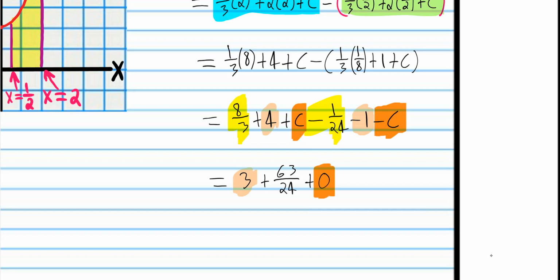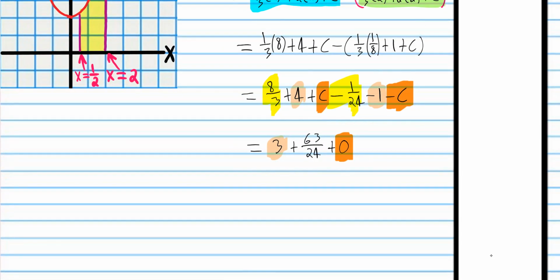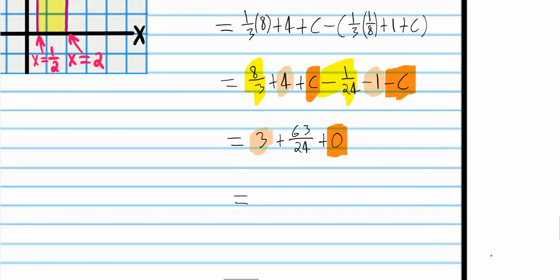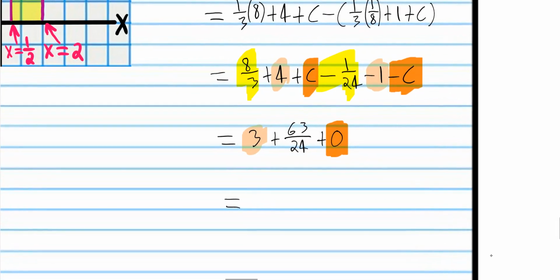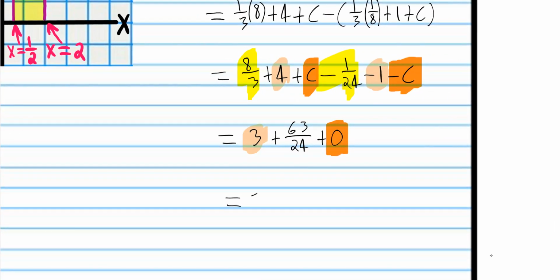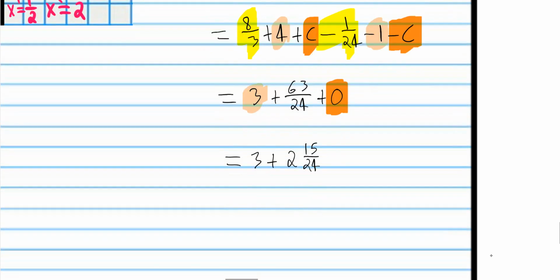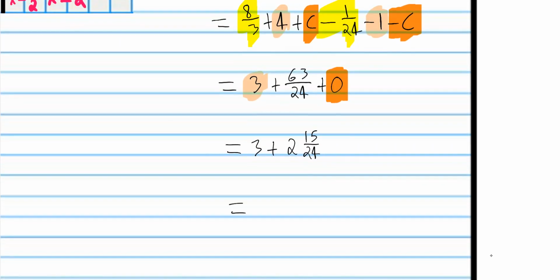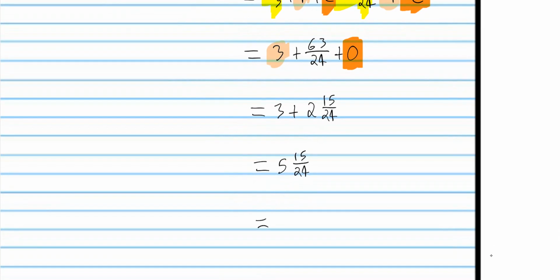All right? So I'm going very slow here. You don't have to go this slow. You can just calculate the numbers as quickly as you want. So 24 goes in twice, and it looks like we have a remainder of 15. And that's going to give us 5 and 15 24ths. And that's 5 and 5 eighths.